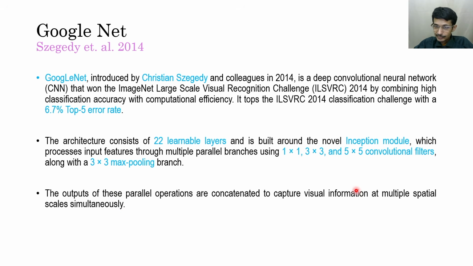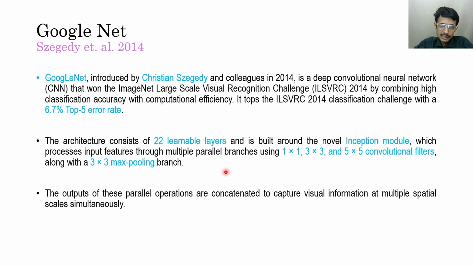What do we mean by multiple spatial scales, and why does it matter? Multiple spatial scales means that the image statistics we are going to recognize or analyze may be at different scales.